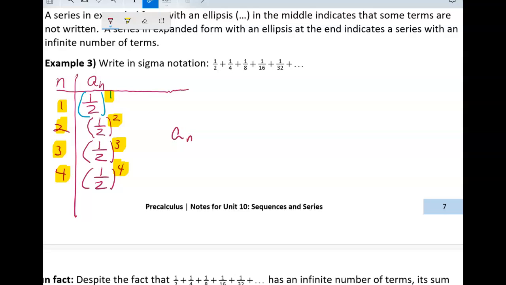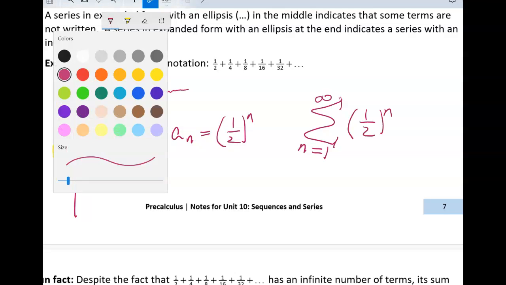So it looks like our a sub n is just 1/2 raised to the n power. So in sigma notation, this is the summation as n goes from 1 to, and at the top of the summation we'll put infinity to indicate that this series has no end. And then our general term is 1/2 raised to the n power.